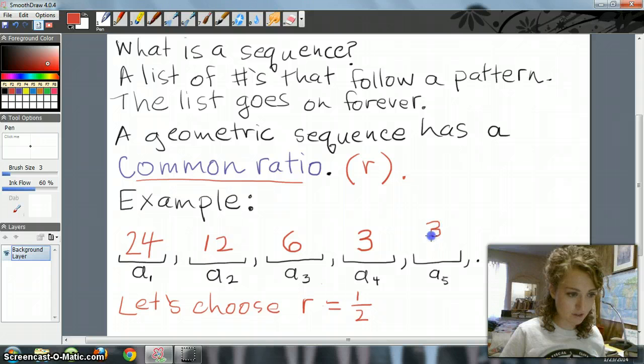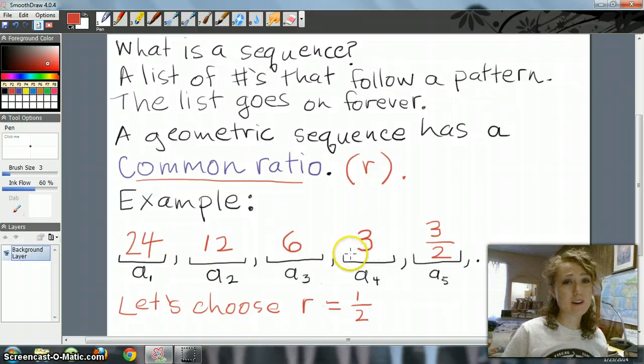We get 3/2. So the thing about the common ratio is that it's the number that we use to multiply by every single time. Every time. Or it wouldn't be a geometric sequence. But that's the pattern behind it. All these numbers, we can predict the next one by multiplying by 1/2 or by the common ratio.